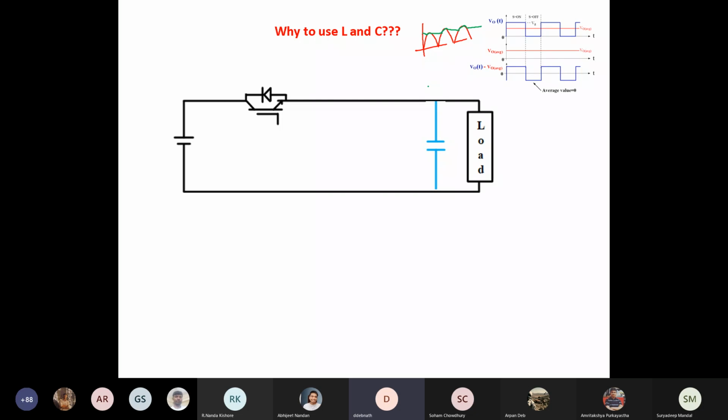So if you're seeing the capacitor, I want you to think whether this is a good solution for this particular circuit. Forget about the rectifier. Think about this circuit, whether it is a good solution. Whether I can use this. Is it a feasible solution? What do you think?